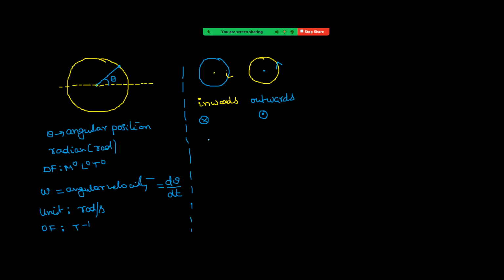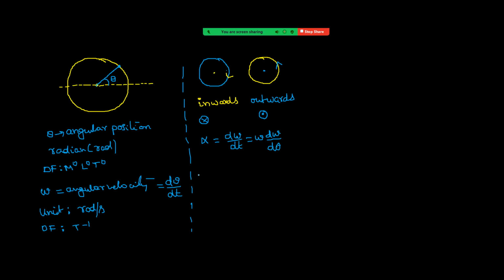Now we define the rate of change of angular velocity, which we call angular acceleration: d omega by dt, or writing this as omega d omega by d theta. It is just like kinematics 1D, where we discussed dv by dt or v dv by ds. Same language.